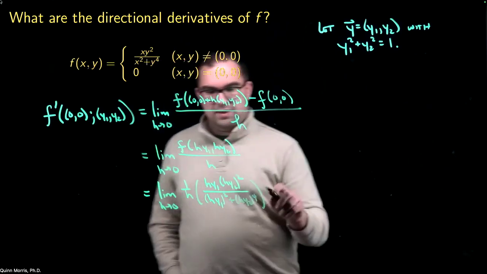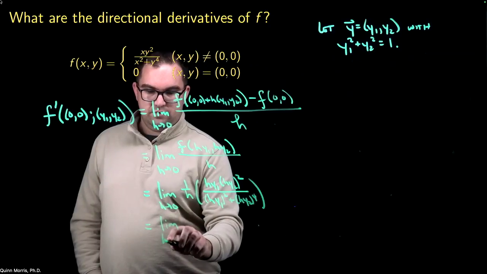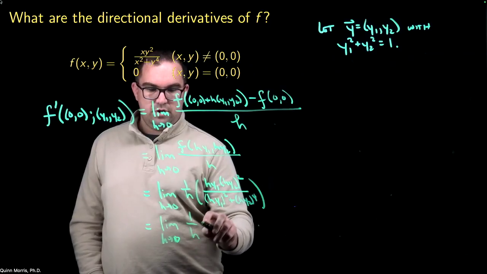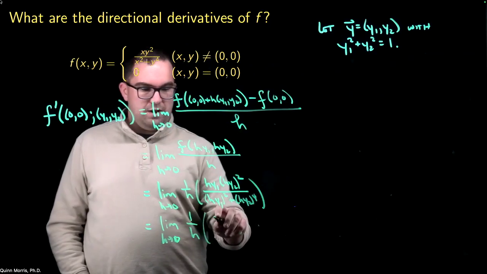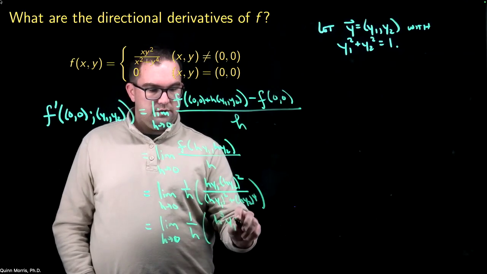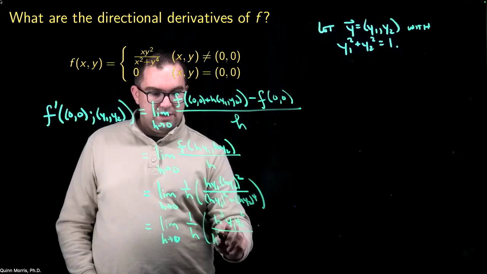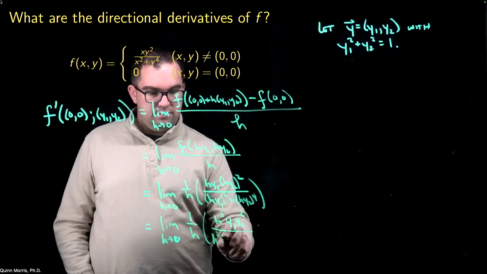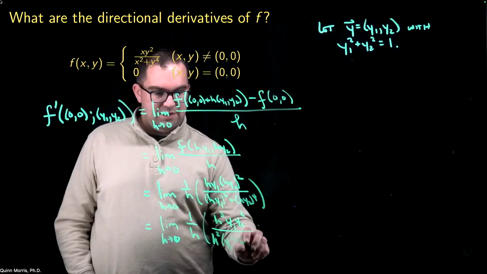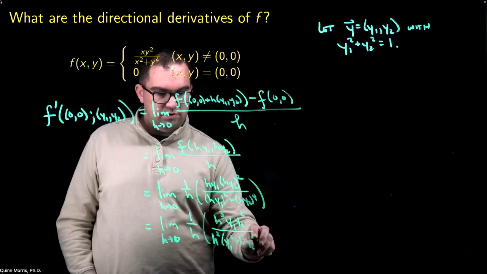Let me do a little bit of algebra here, and if you need to add in another step, feel free. The limit as h goes to 0 of 1 over h times, in the numerator, an h cubed y1 times y2 squared, and in the denominator, an h squared times y1 squared plus h squared y2 to the fourth.